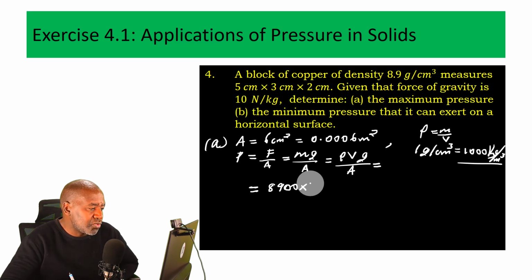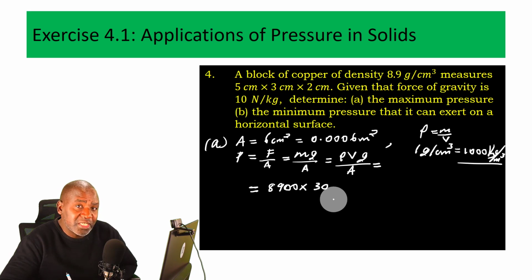When it comes to the volume, I can see this one will be 3 times 2, which is 6. 6 times 5 is 30. That one will be 30 centimeters cubed. 30 centimeters cubed, I have to divide by 1 million in order to convert it into meters cubed.